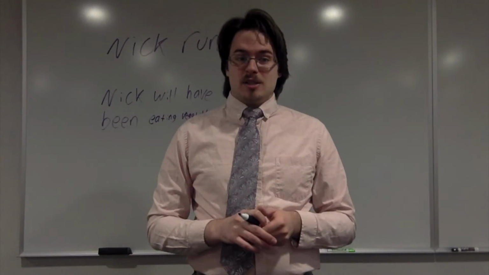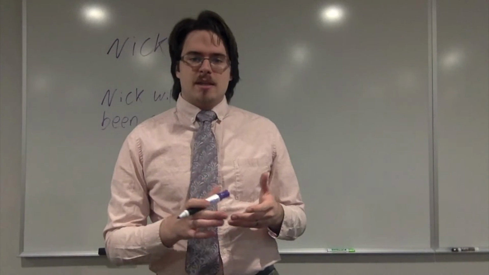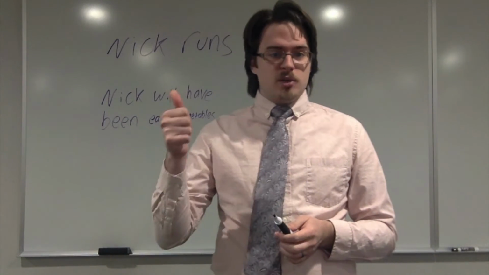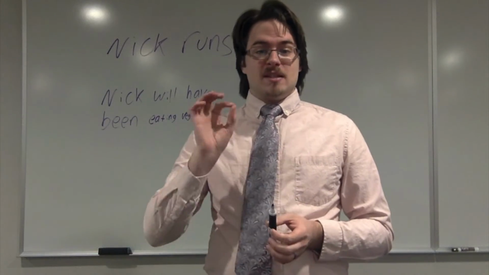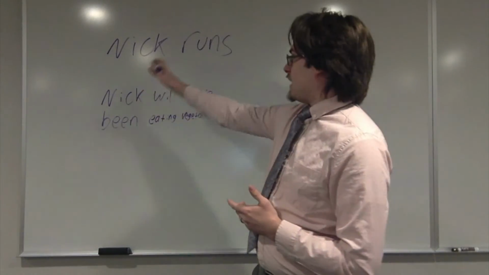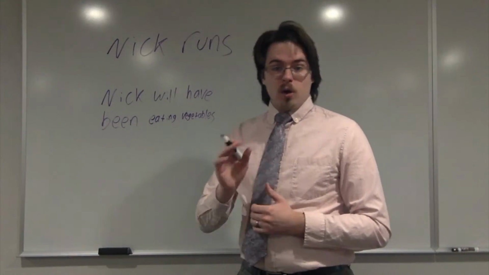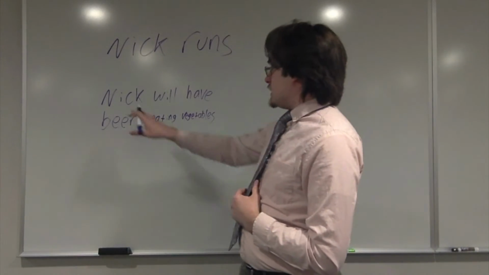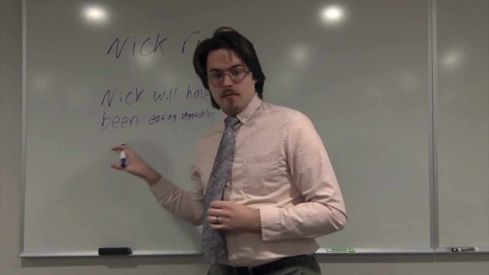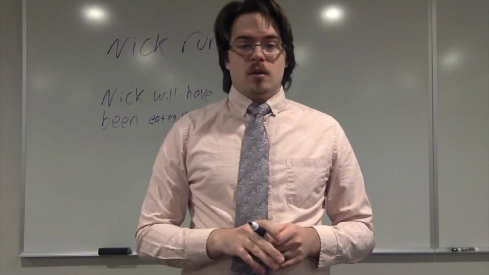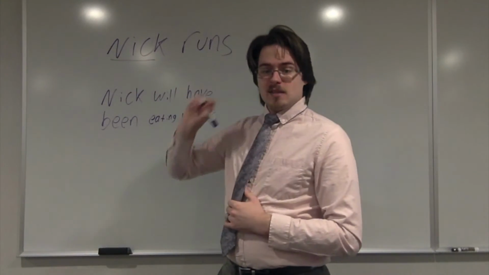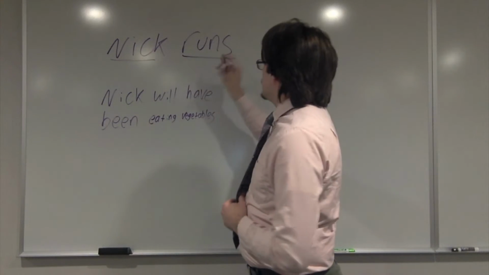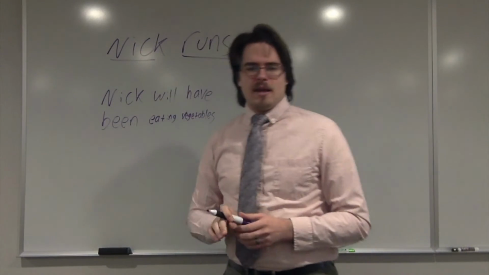Now let's put this all together. A simple sentence consists of a subject and a predicate. This can be as simple as Nick runs, or it can be as complex as Nick will have been eating vegetables. The first simply has a noun, which is functioning as a subject, and a verb, which makes up the whole of the predicate.